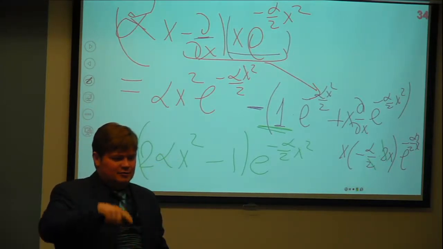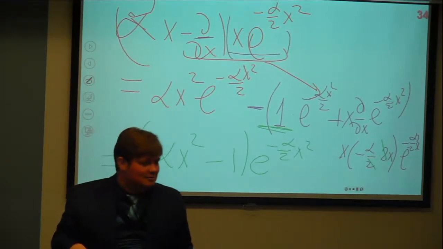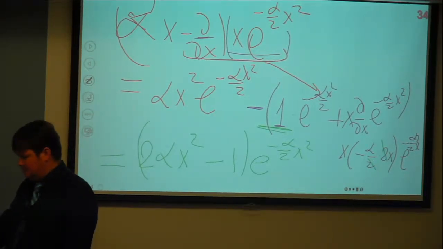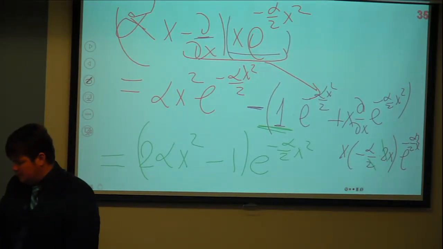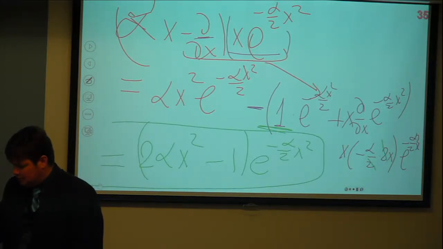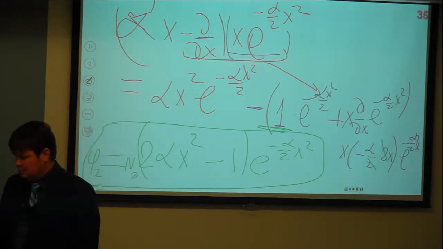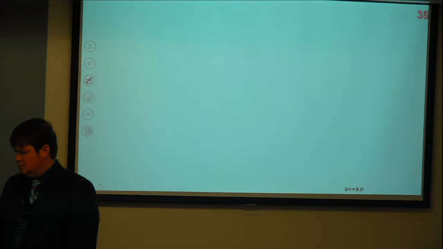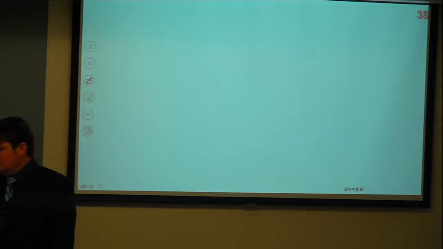Up, down, up, down. But we may want to just double check that it is this way. So it's phi 2, some factor n2 times this function, 2 alpha x squared minus 1.